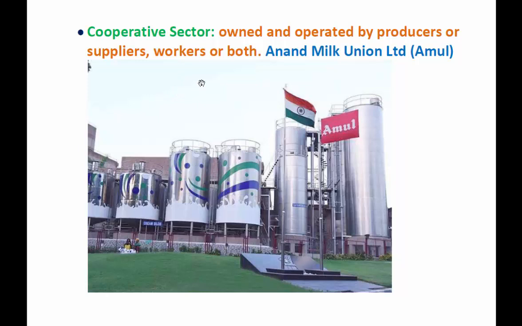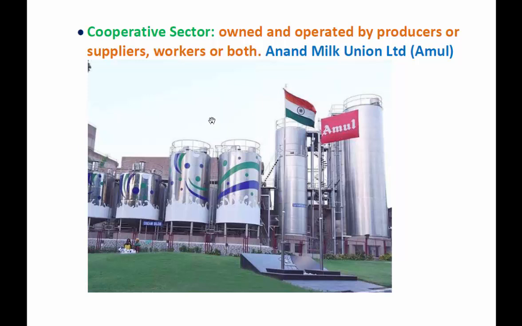So one of the best examples is Anand Milk Union Limited in Gujarat, which is also known as Amul. Amul means Anand Milk Union Limited. Okay, these are very popular even in Manipur. Okay, they produce milk and milk products such as butter, cheese, and all. Okay, even candy. All right. So these are in the cooperative sector.